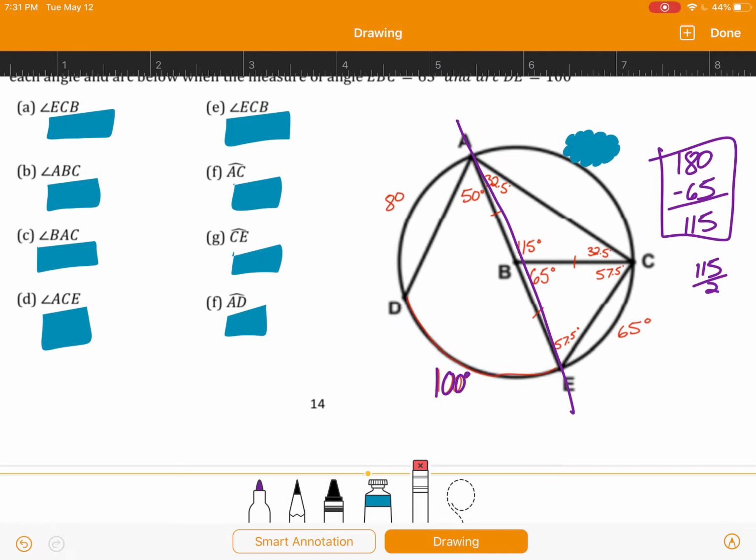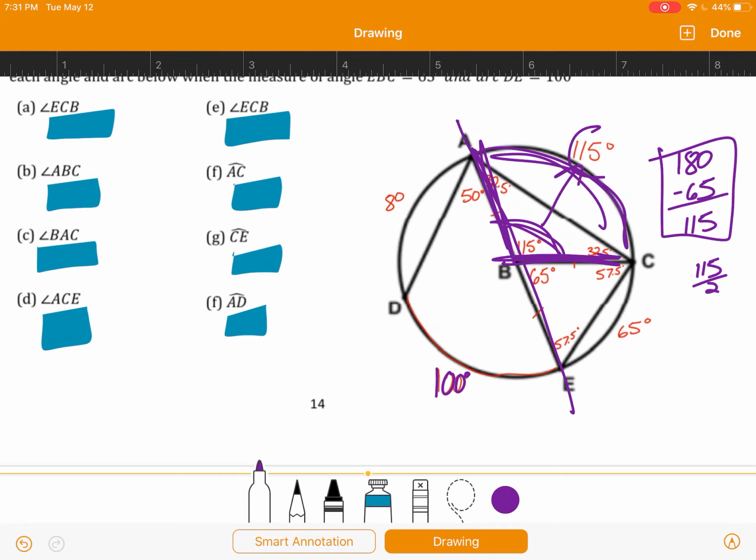And then same idea with the other side. This piece is 65, so this piece has got to be whatever 65 plus something equals 180, which is 115. And we know that we're right because this angle here is 115, and that's a central angle to this arc, which is also 115.